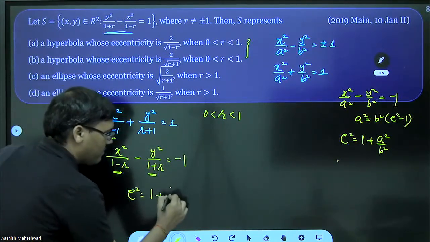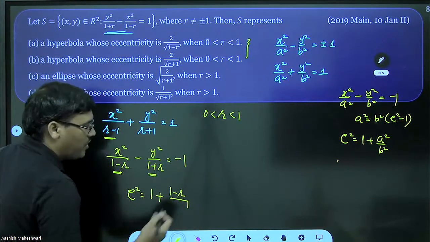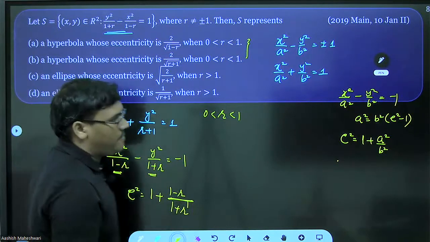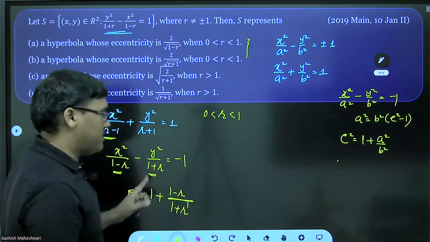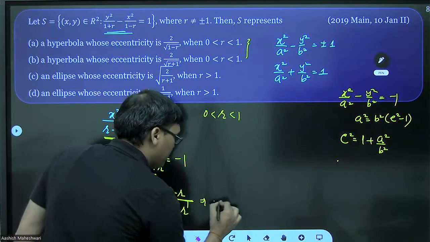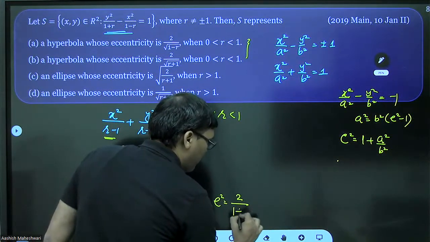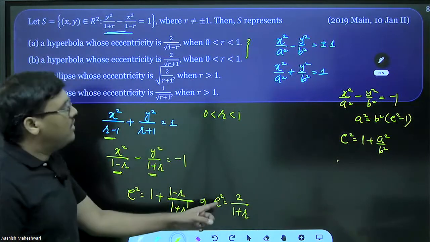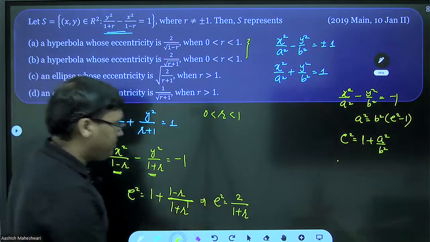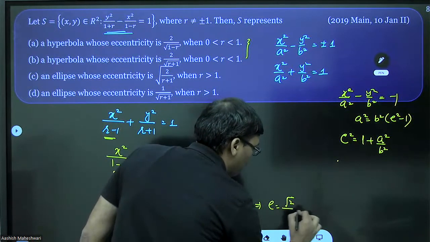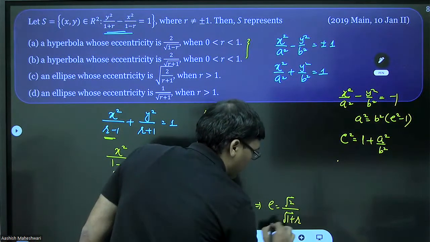What is a square? 1 minus r. And b square is 1 plus r. So you can simplify this. What is e square? You can check the calculation, this is equal to 2 upon 1 plus r. So the eccentricity is root 2 divided by 1 plus r.